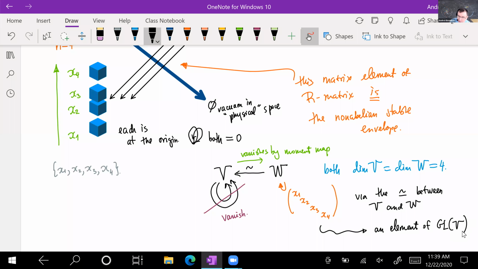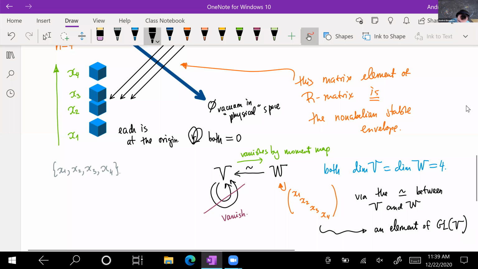So a class on the stack. There's not much geometry to the stack. A class on the stack is basically a grand K-theory class or a grand cohomology class on the point of the group. So it's a class function on the group. And so these are the elements in which you investigate.